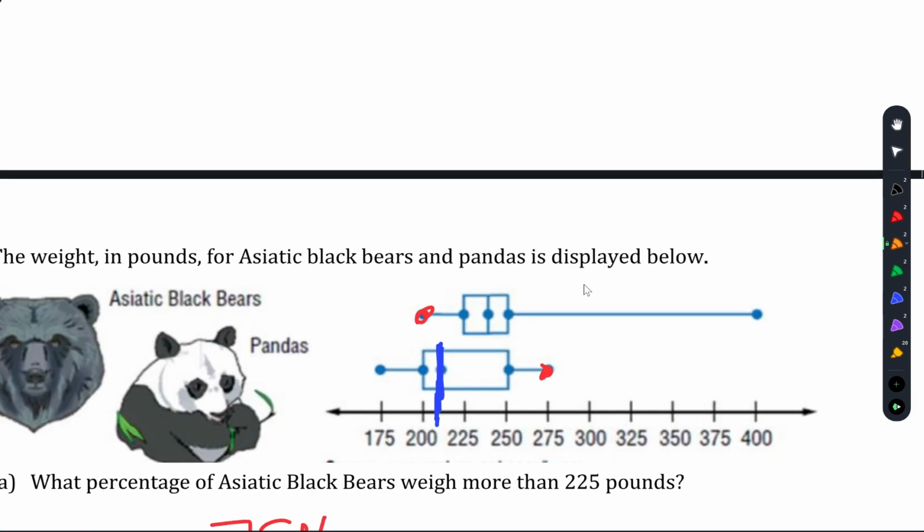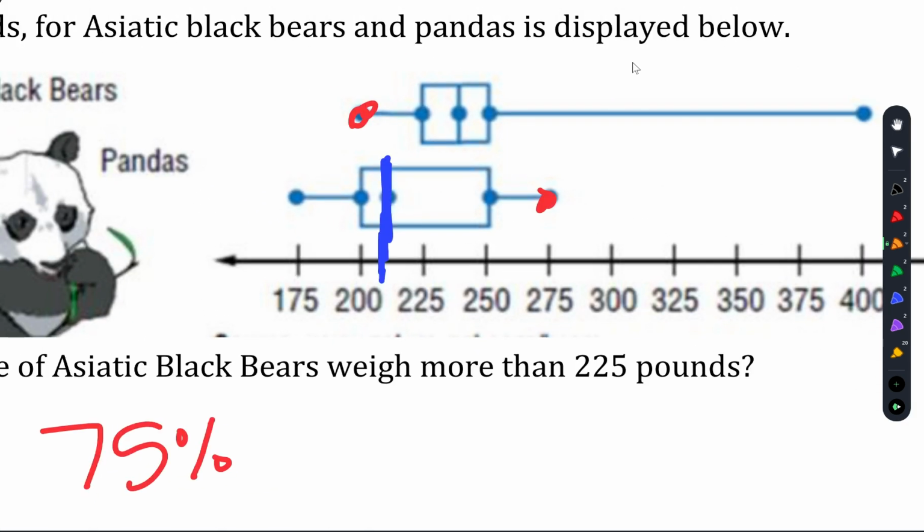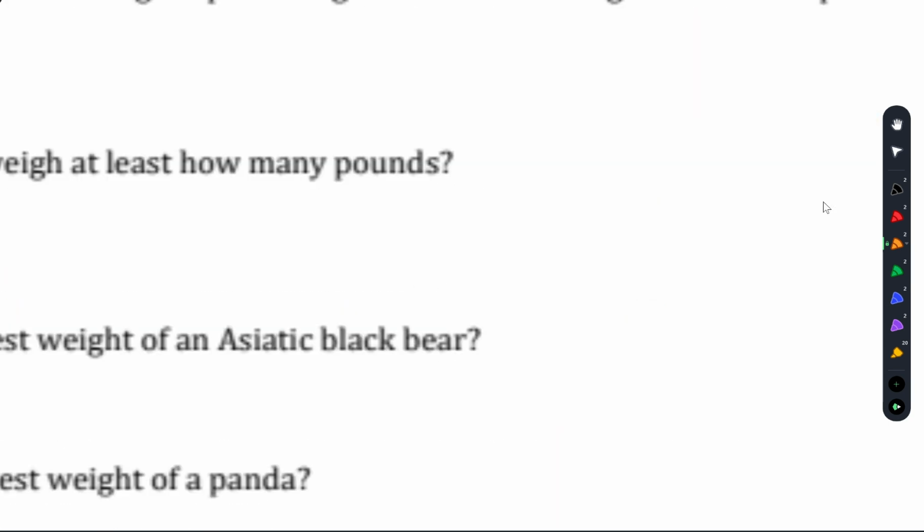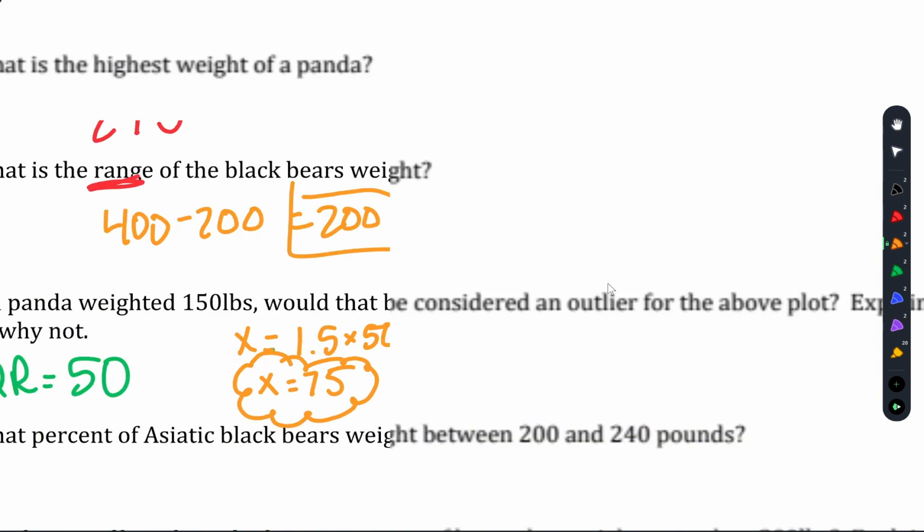The box is the middlest part of my data, the middle 50%. I cannot go more than 75 this way or more than 75 this way. If I do, then it's considered an outlier. So to find the outliers, I'm going to take quartile 1 and subtract 75, and take quartile 3 and add 75. That'll tell me the limits that I need to be in between.